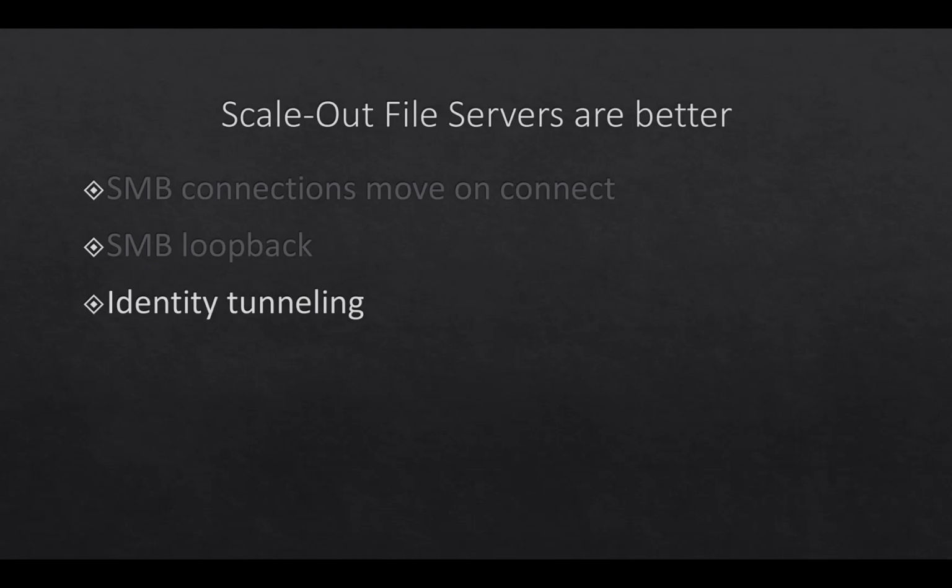Identity tunneling is something that we had done. Again, this is more along the lines of some of the ACLs that we do. As I mentioned in a previous video, the ACLs for a VHD, or VHDX, on a local access virtual machine versus remote access of the virtual machine are two different sets of ACLs.